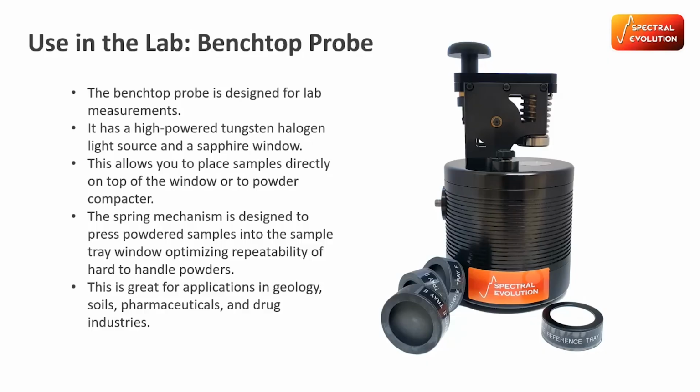So if you have any samples that are powdered and you want to take a reflectance measurement consistently off of it, we can pack these trays with that spring mechanism that will make sure that you have good repeatable data from your benchtop probe. This is the least portable of our accessories, although it can be portable on a cart and things like that.